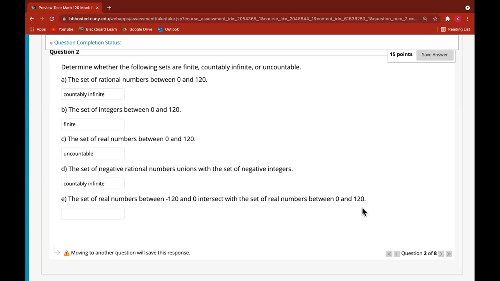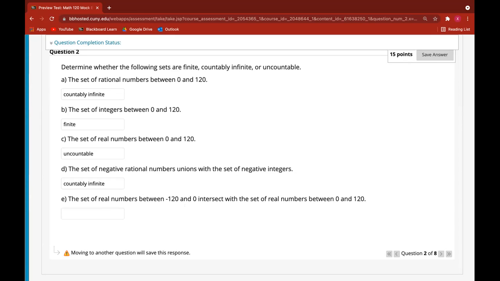Okay, people say uncountable. Now if those are uncountable, what's their intersection? What do they have in common?